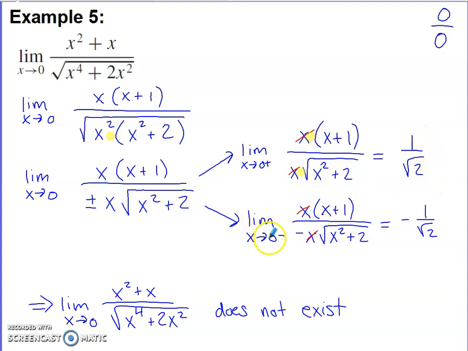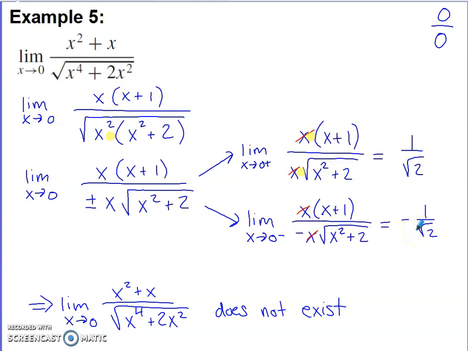Now what if I consider the smaller side of 0? On the smaller side of 0, I know that x is negative. If I know x is negative, the square root of x squared is negative x, which is why you see on this limit on the smaller side, I've just included the negative. I can still do this cancellation, but what ends up happening is I now have a negative in front of that square root in the denominator.